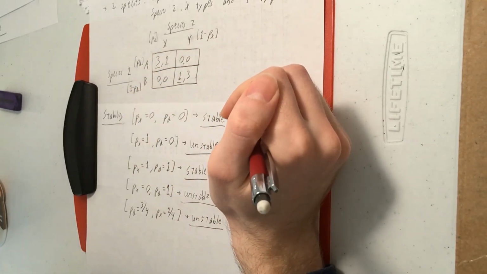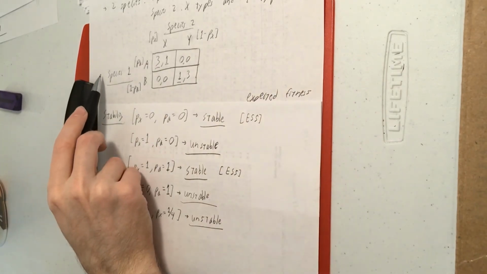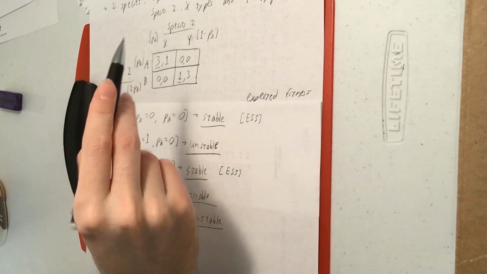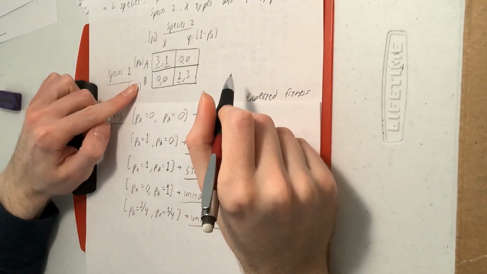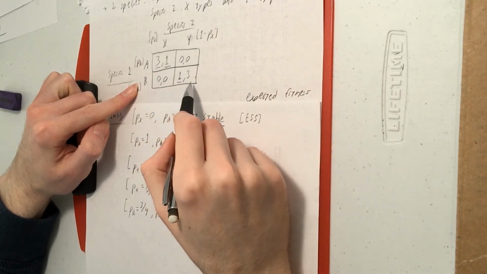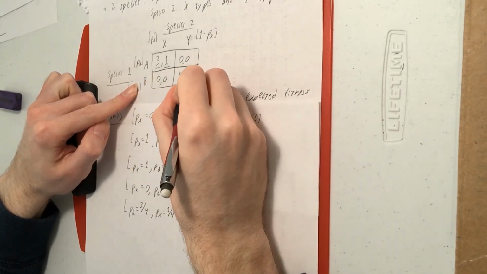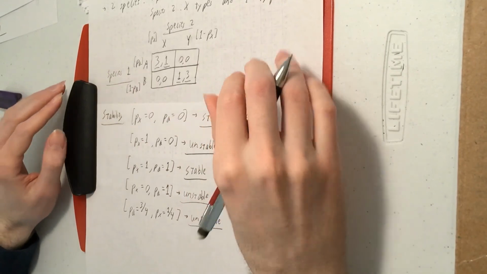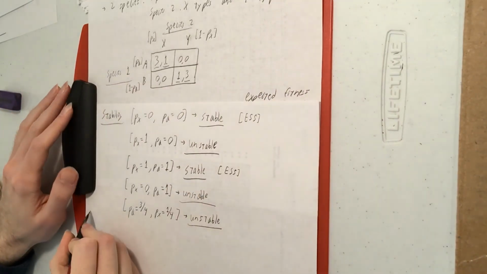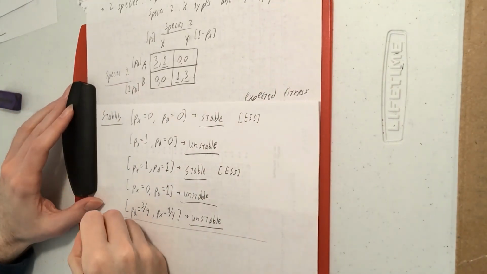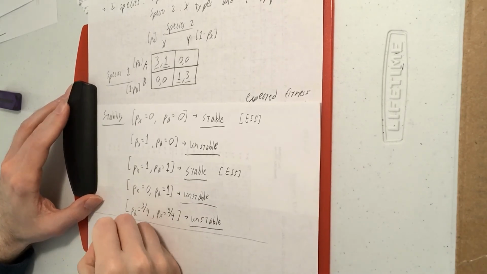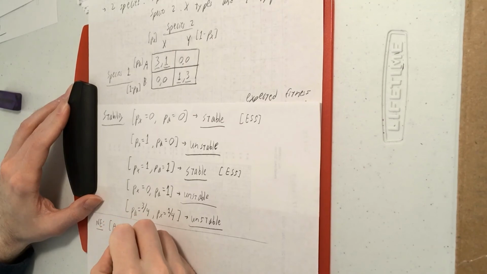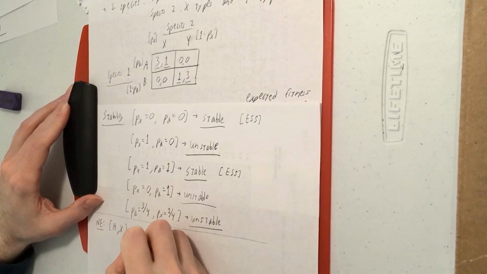1. If you're playing A, your opponent's best response is to play X. If you're playing B, opponent's best response is to play Y. So the Nash equilibria are going to be AX and BY.